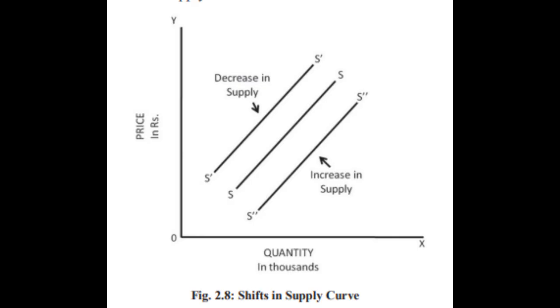2.7.3 Exceptions to the law of supply. Generally speaking, the law of supply indicates a direct relation between the price and the quantity supplied. But there can be some exceptions to the law of supply, such as non-maximization of profits. In some cases, the enterprise may not be pursuing the goal of maximization of profits.